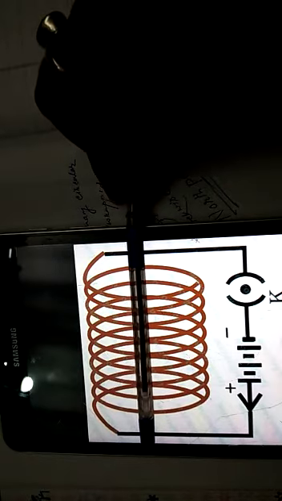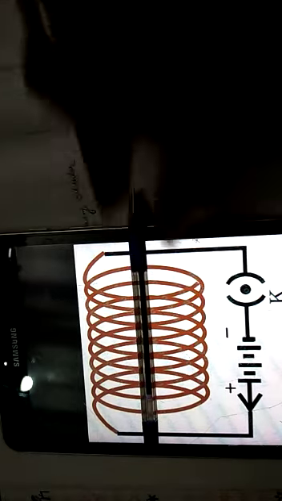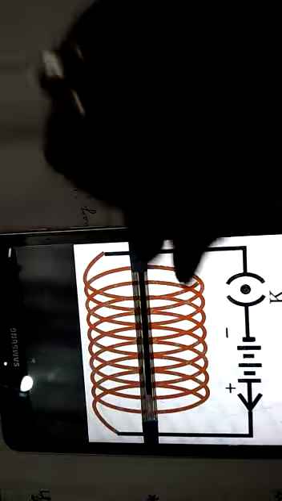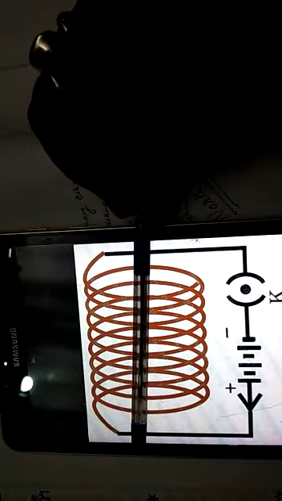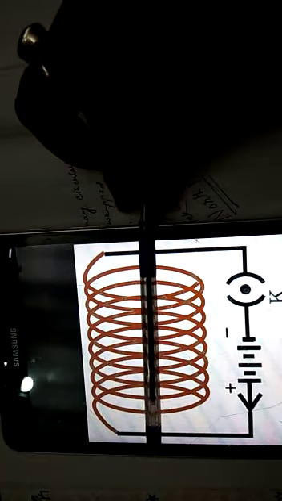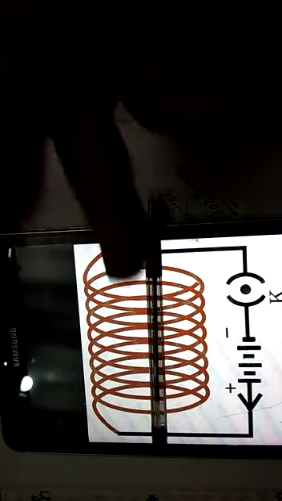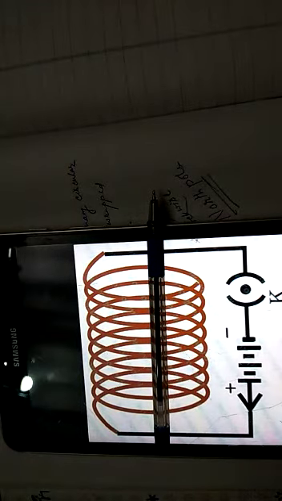If you put a simple soft iron bar inside the solenoid, then again you will see that the strength of the solenoid increases. So these are some ways by which we can increase the strength of a solenoid.